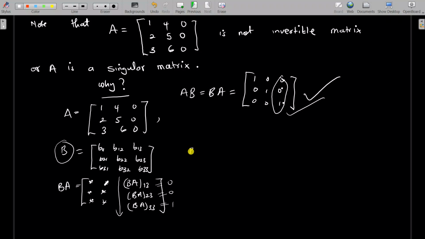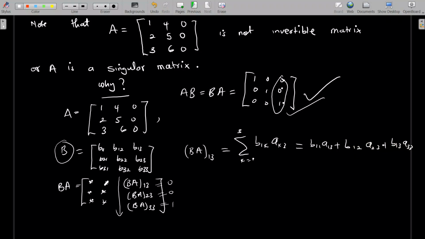Now, if you remember, in matrix multiplication, (BA)13 can be given by the summation as k goes from 1 to 3 of B1k Ak3. So when k is equal to 1, I get B11 A13, plus for k equal to 2, B12 A23, plus B13 A33.